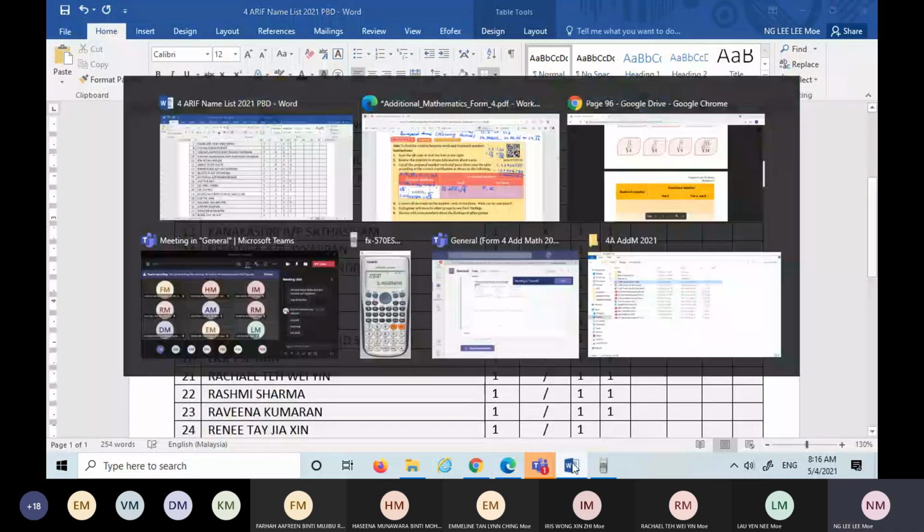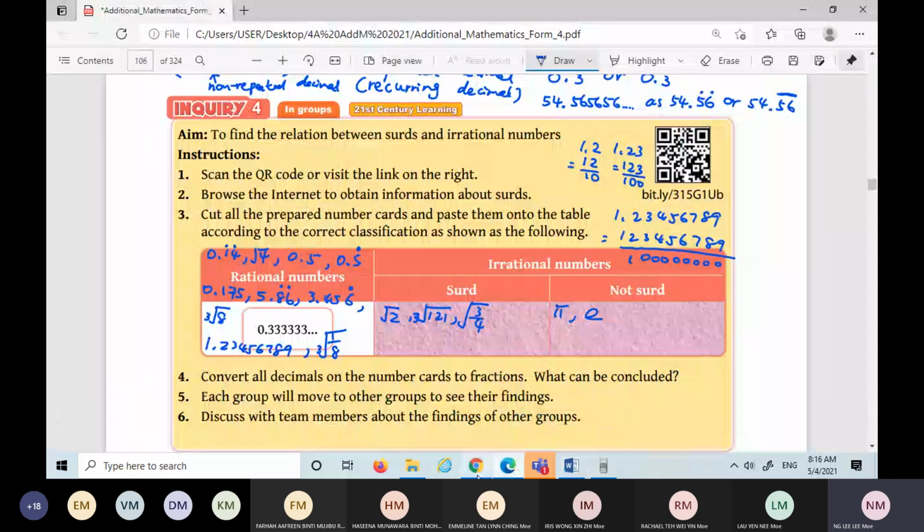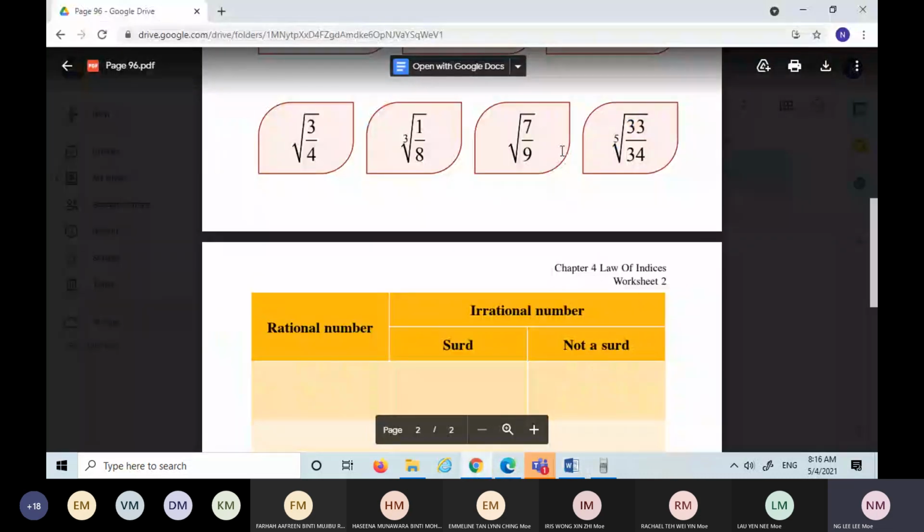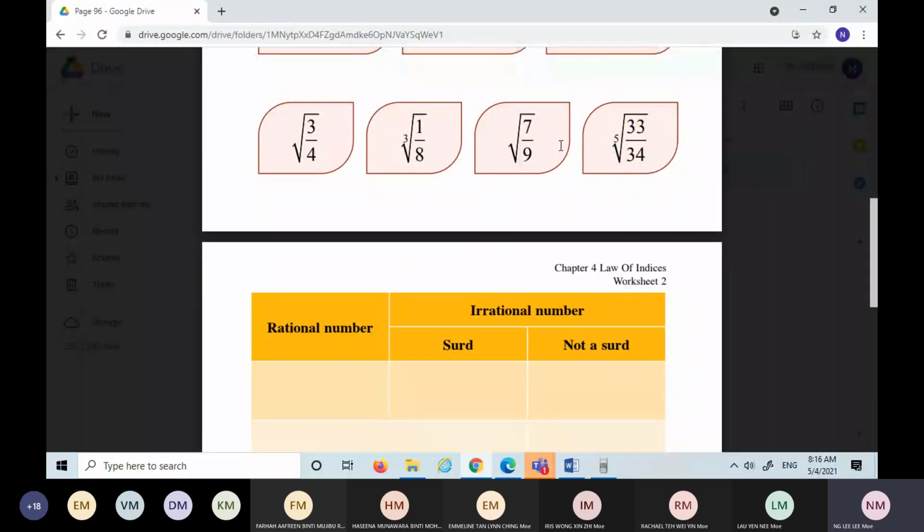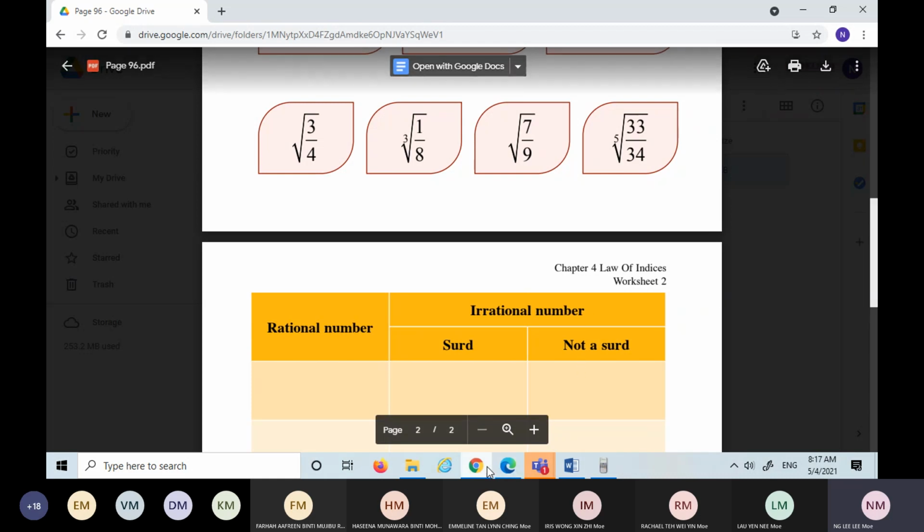Okay, this one. Square root of 7/9. Irrational. When you press the calculator, irrational, because no repeated decimal. Okay, if irrational, is it under surd or not surd? Not surd.